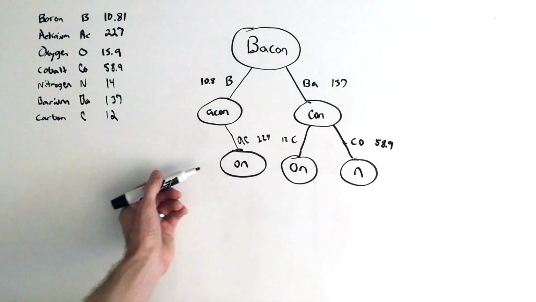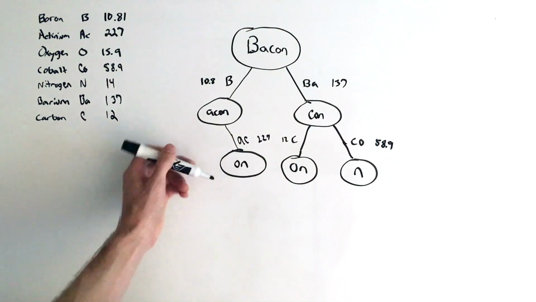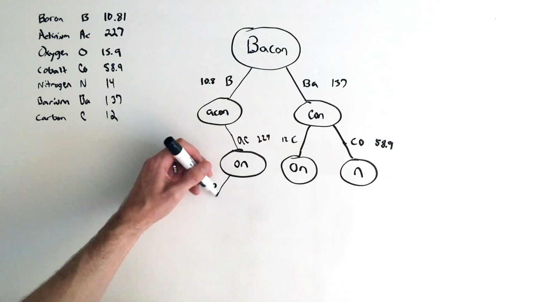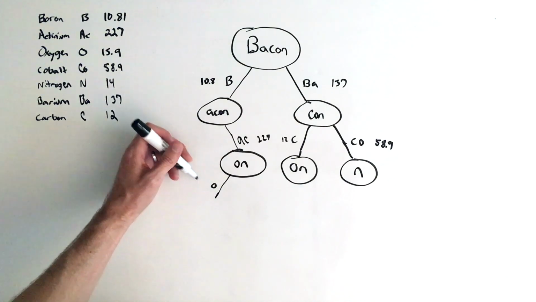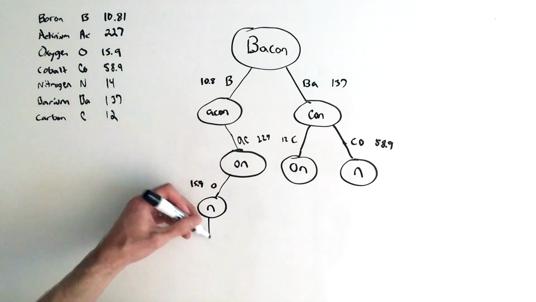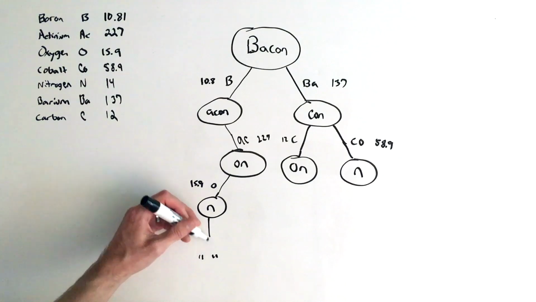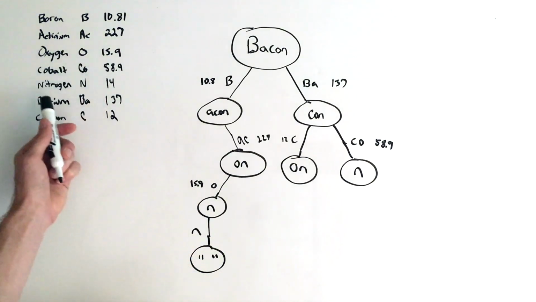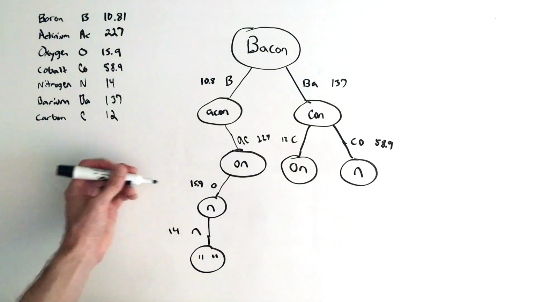Moving on to this depth, we can again remove the O, which is oxygen, which gives us 15.9. Then we're left with N, and then we're left with the empty string if we remove nitrogen, whose atomic weight is 14.